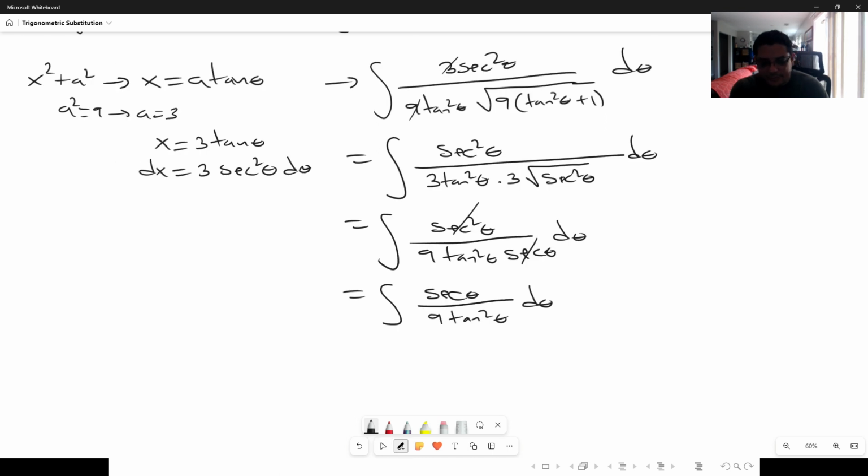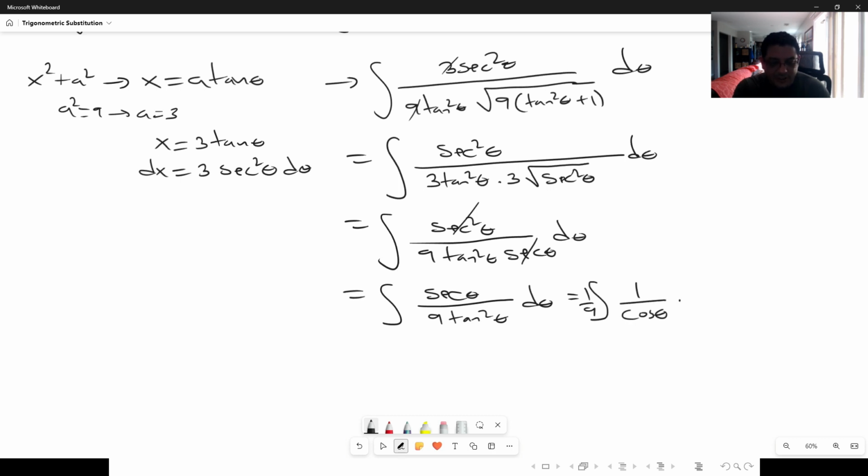One way that I can approach this is to simply separate what secant and tangent square are in terms of sines and cosines. So for example, secant is something that I can write as 1 over cosine.